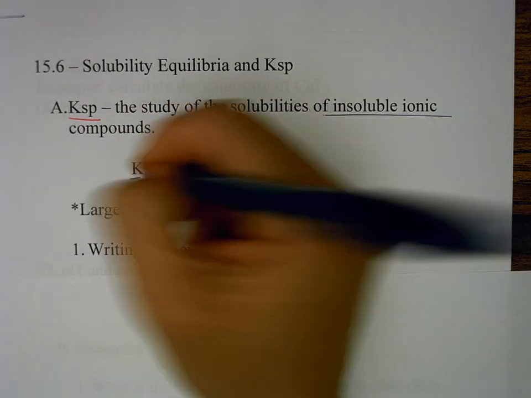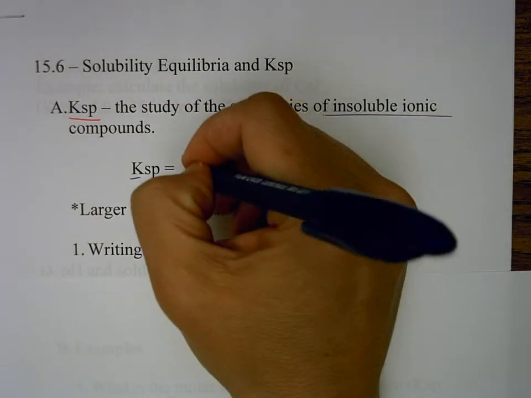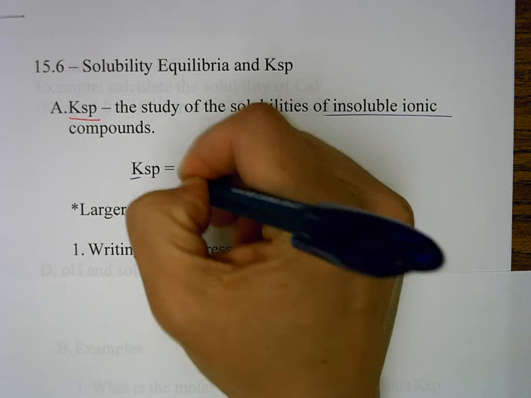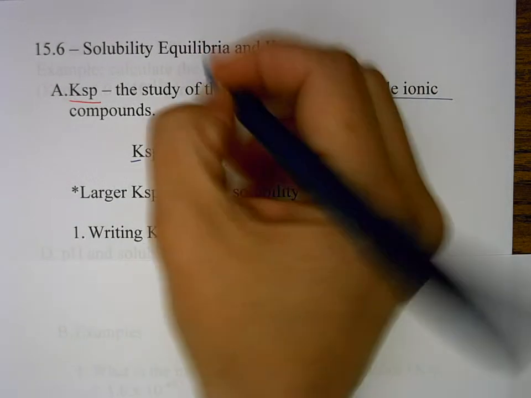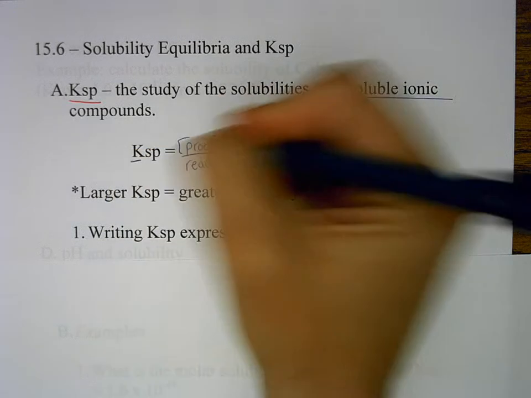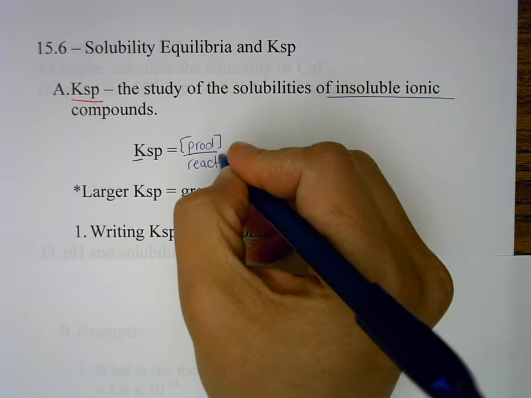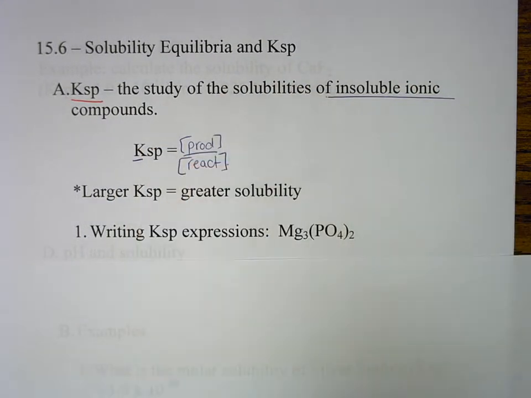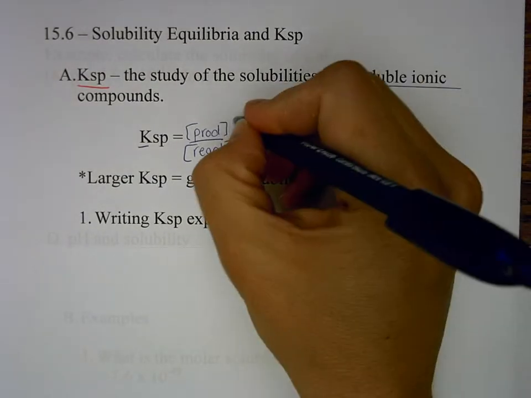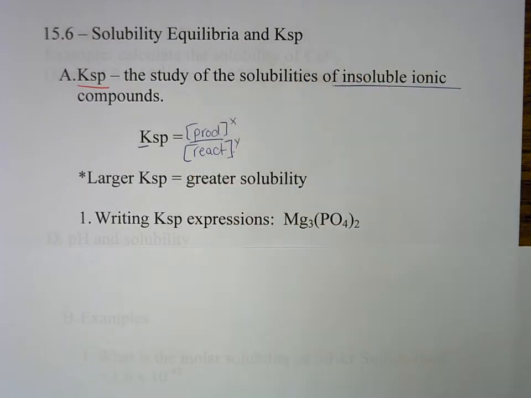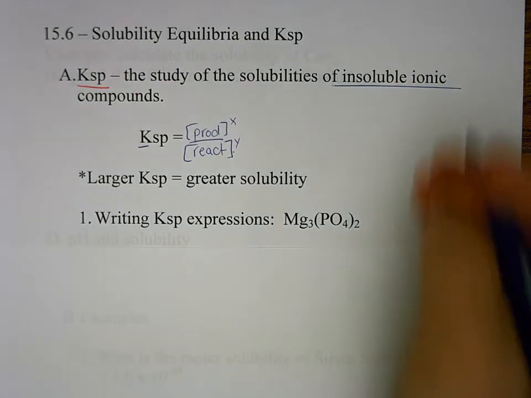Now anytime we write expressions for K, it's products over reactants. And so there's nothing different here. We're dealing with concentrations of everything on the product side of the reaction over the concentration of everything on the reactant side, and then to whatever power of the coefficient that's in front of it.